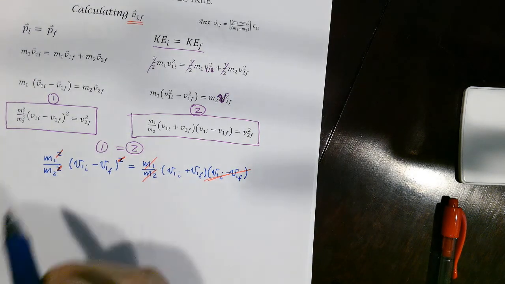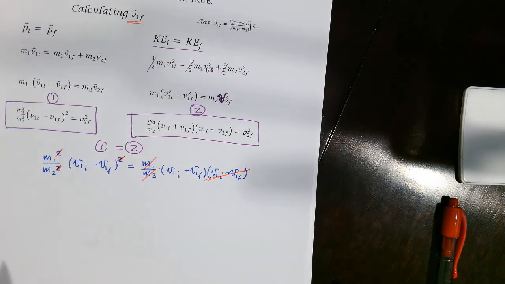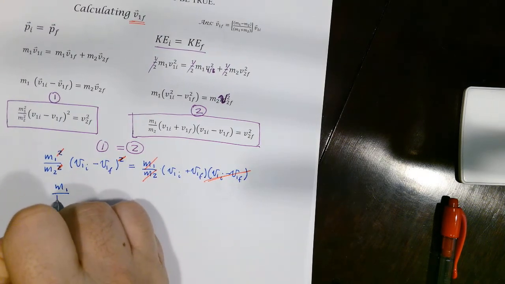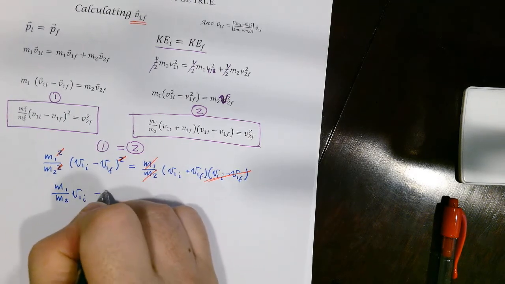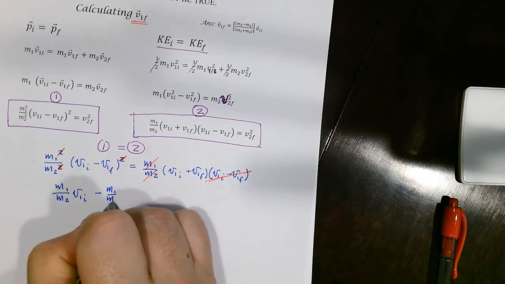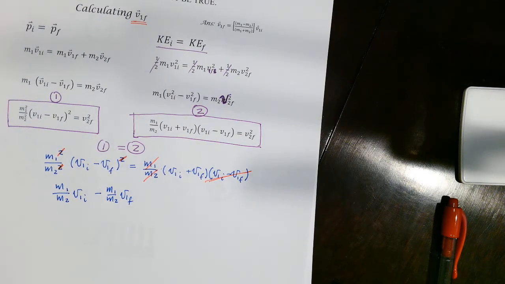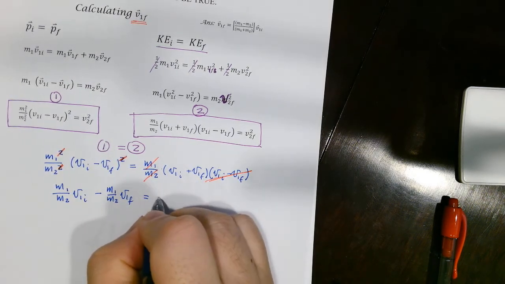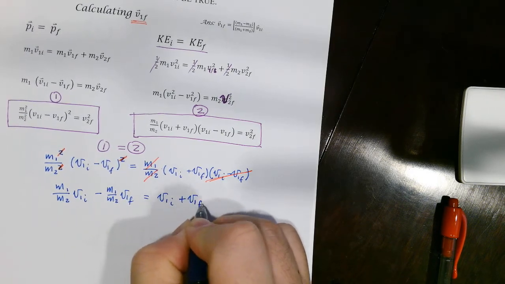Now, if I distribute this through, I would have m1 over m2 v1 initial minus m1 over m2 v1 final must equal v1 initial plus v1 final.